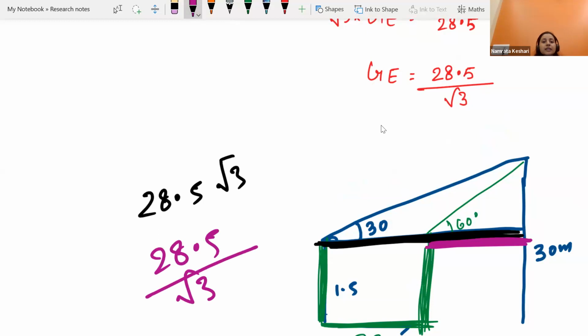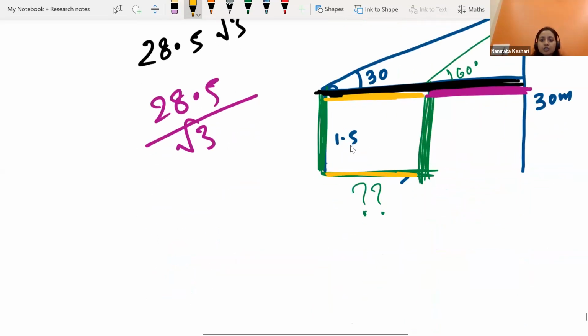Then can we subtract them to get the remaining distance? From the complete black one, if we subtract the purple one, what are we left with? We are left with this yellow part, yes or no? And that's what we need to calculate over here, yes or no?